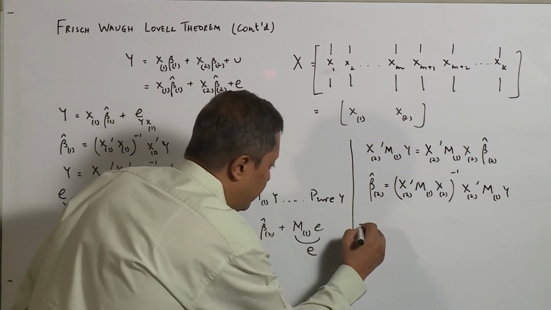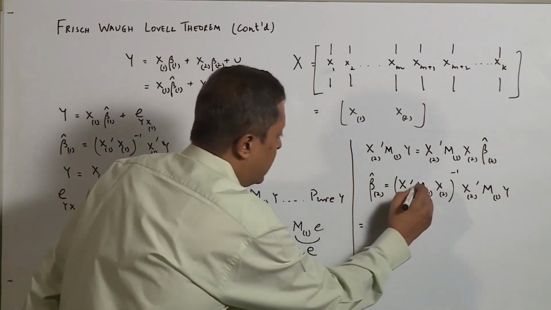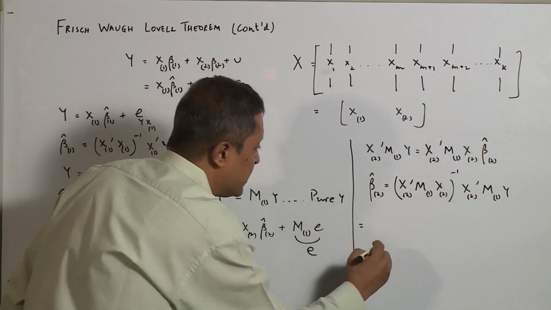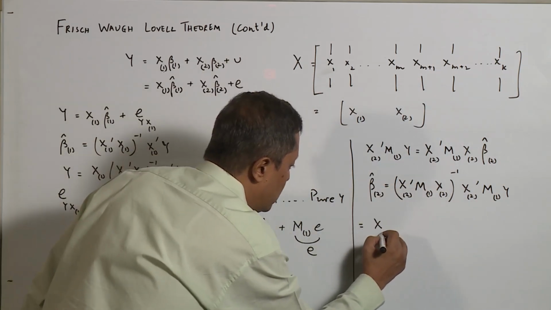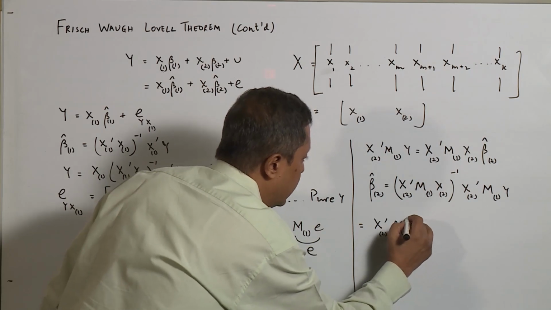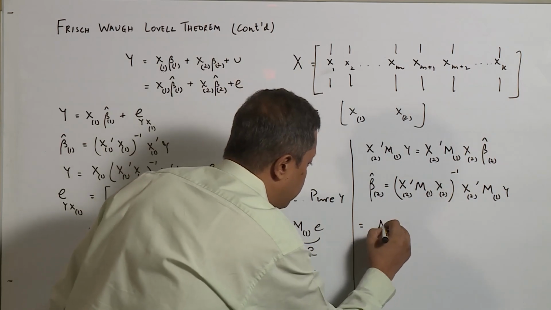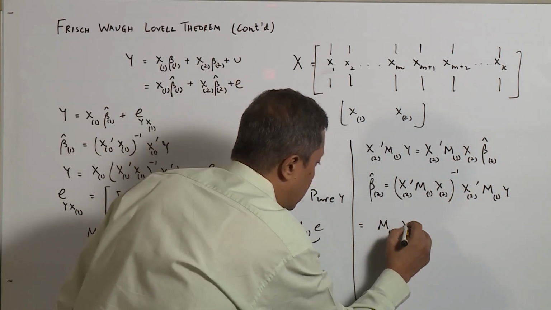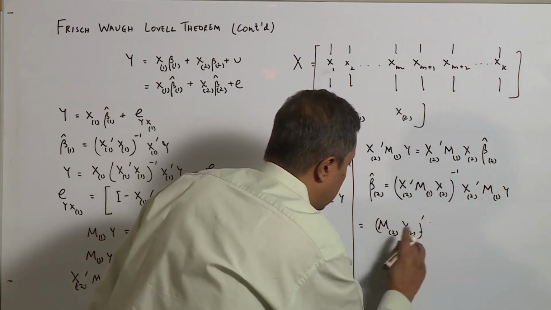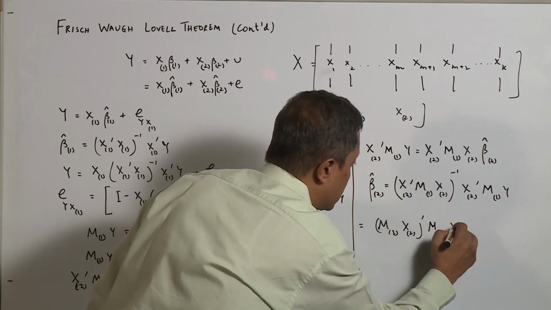And if you further elaborate on it, it is very easy to see what this is: x2' M1 x2.